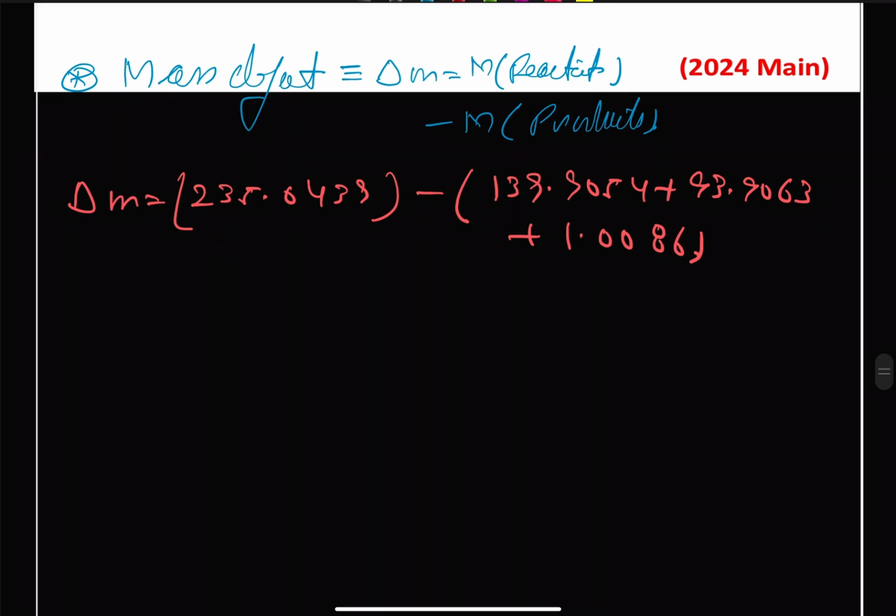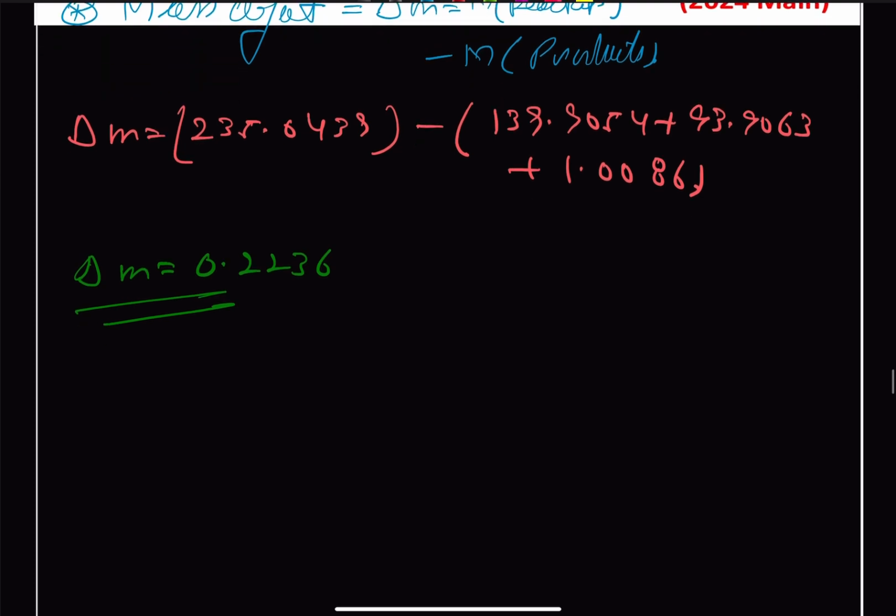So this gives us that our mass defect delta M is 0.2236, and from here we can find out our energy released, which is Q equal to delta M multiplied by C square.